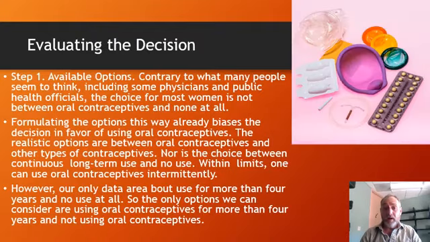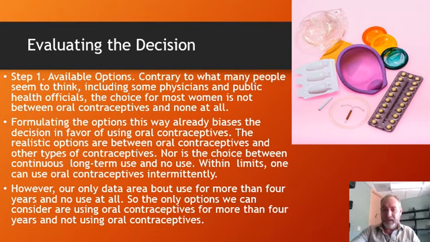So step one, what are our available options? Now, this is where you'll find that all of a sudden, when we're building this matrix, we have to artificially constrain the available options. In reality, we have many more options than taking oral birth control pills and not using contraception.